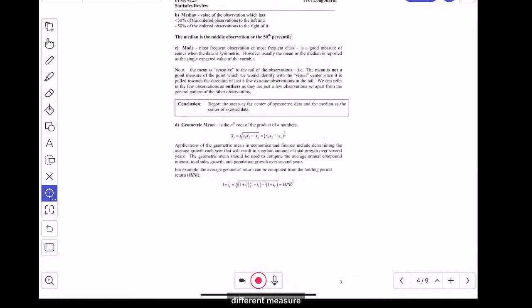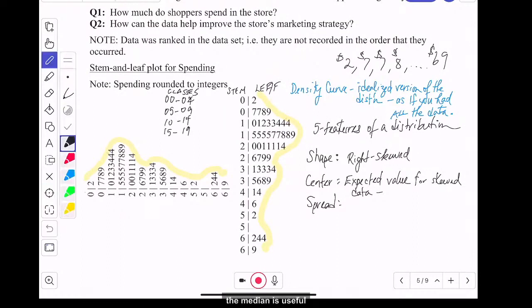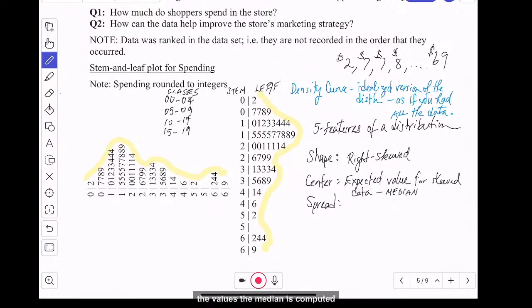So how do we adjust for that? We have a different measure for that, and that's called the median. The median is useful because the median doesn't include all the values. The median is computed as the middle value of the ordered data set, or the average of 2 in the middle.